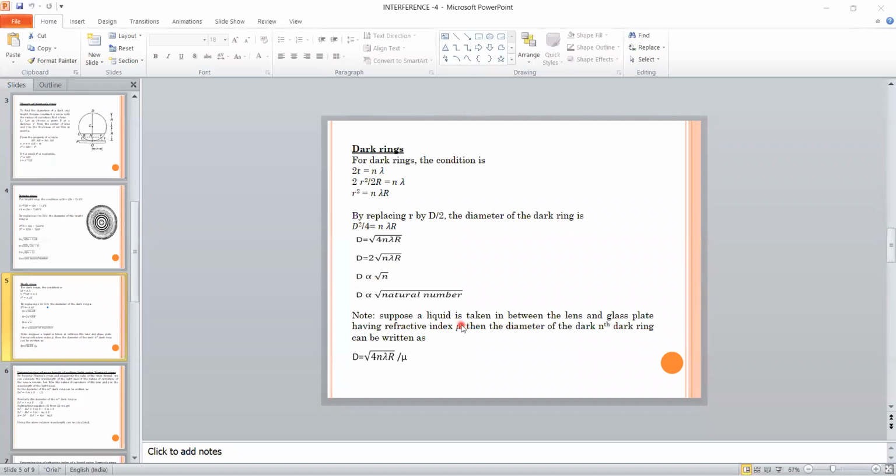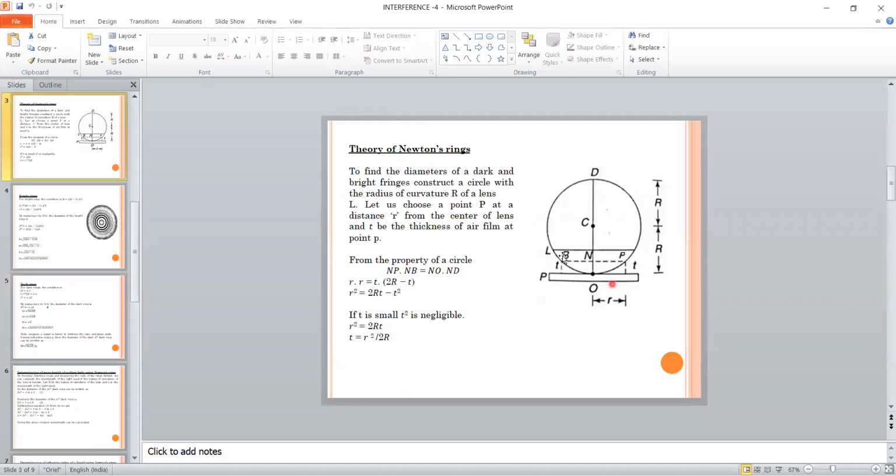Okay. Now, in the entire Newton's rings experiment, between the plano-convex lens and a glass plate, there is an air medium.